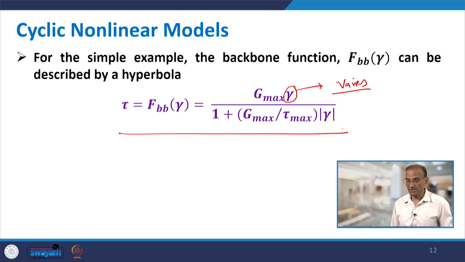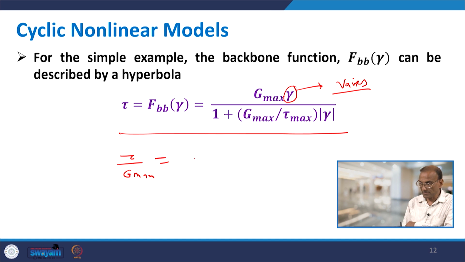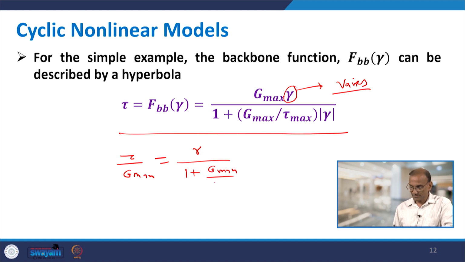And this relation is not in dimensionless form. Of course, it can be made so by dividing by G_max. If I divide both sides by G_max, then tau over G_max will be simply gamma divided by 1 plus G_max over tau_max times gamma.